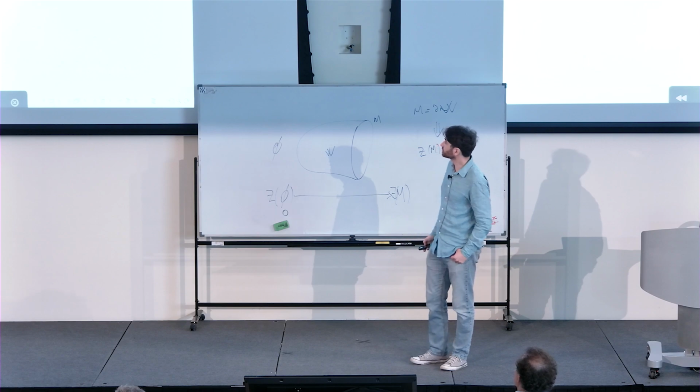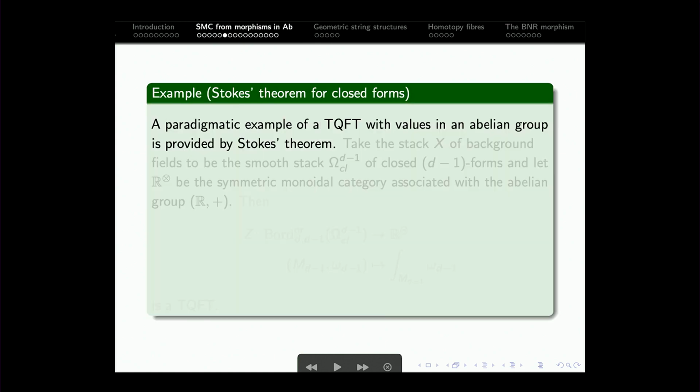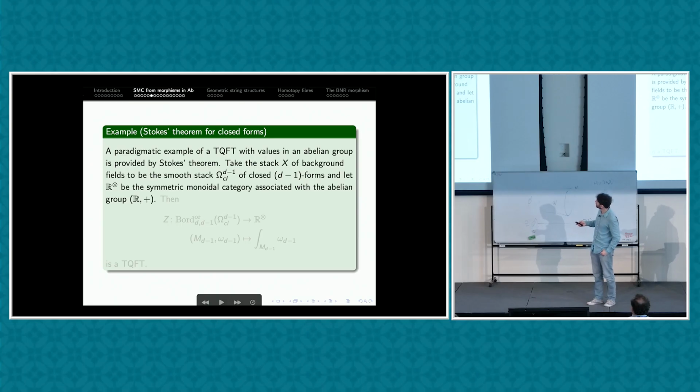Okay. So if you think of these two, then there should be an example immediately coming to your mind that you are surely familiar with, but that maybe you have not yet seen in this light of TQFTs. And it is Stokes' theorem. So we can take as bordism category the bordism category of oriented manifolds equipped with a closed form.